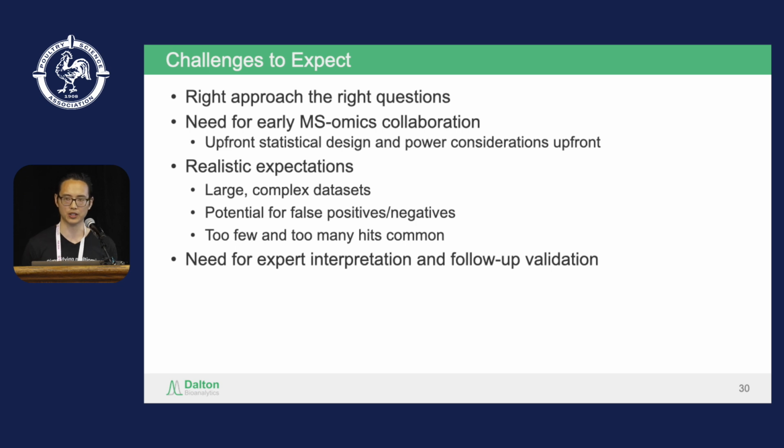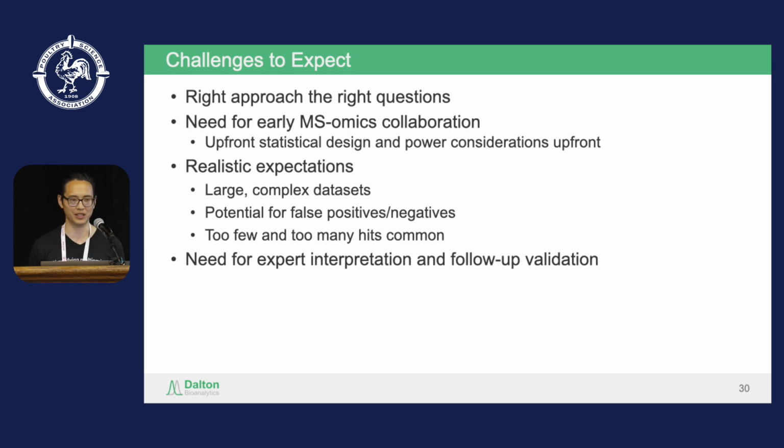Another thing that I've noticed is basically if you're going to do MS or any bioinformatic or omic analysis, you should really consult with the experts that you're going to be working with up front and early on so that they can help you design the experimental statistical design and then also give you an idea of the necessary power that you need to detect your associations, right?